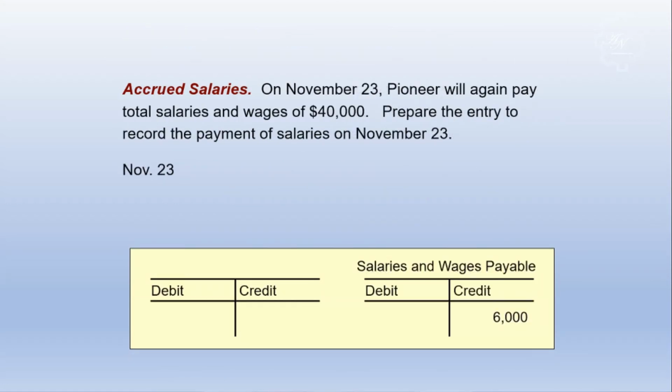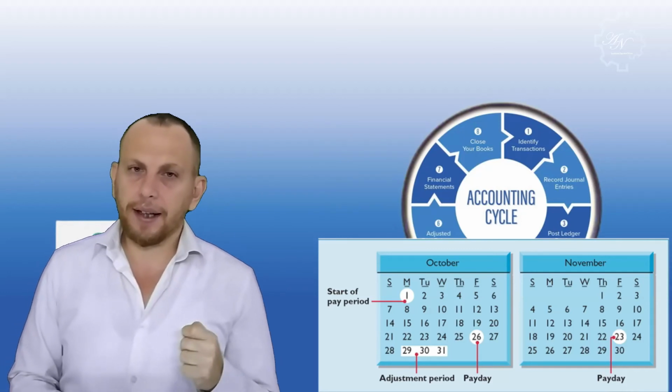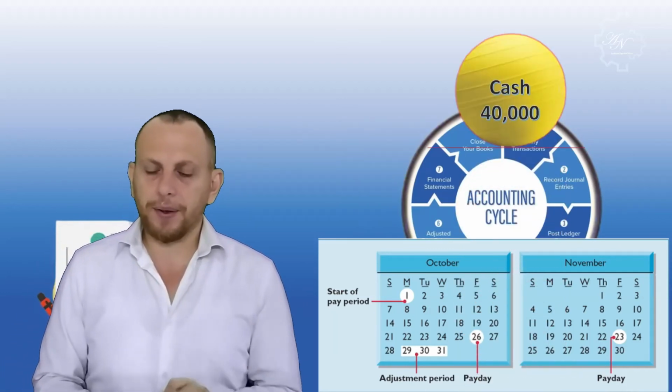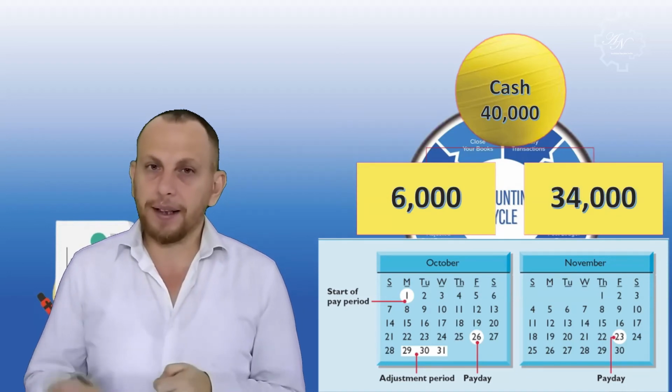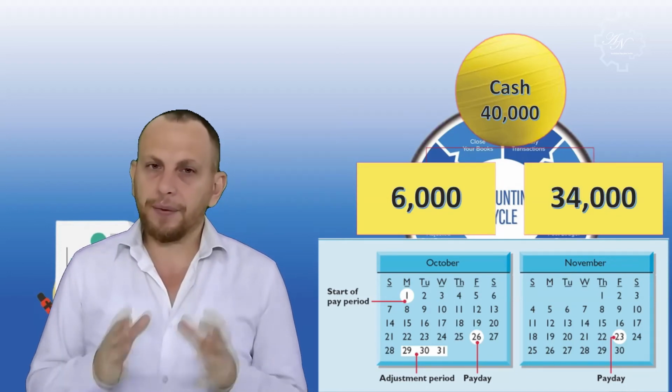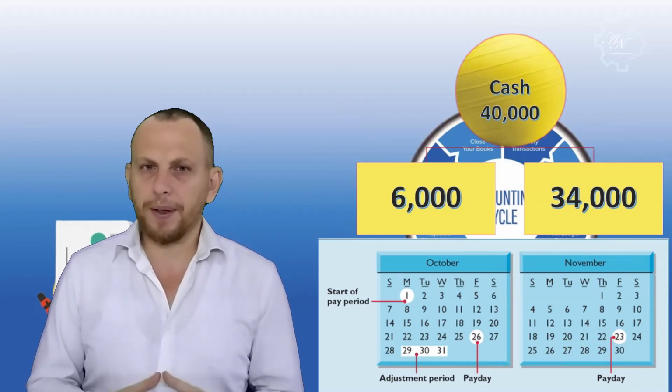On November 23, Pioneer will again pay total salaries and wages of $10,000. Prepare the entry to record the payment of salaries on November 23. Here we will pay in cash $10,000. We have $6,000 from last month, and for this month we have $4,000.